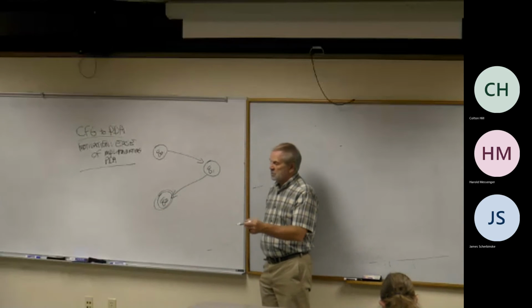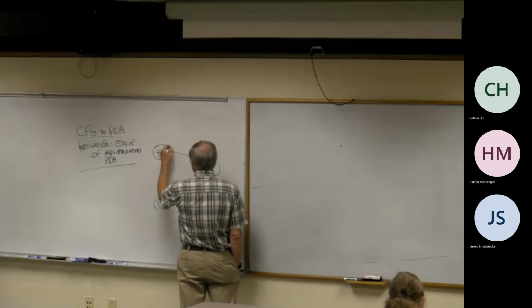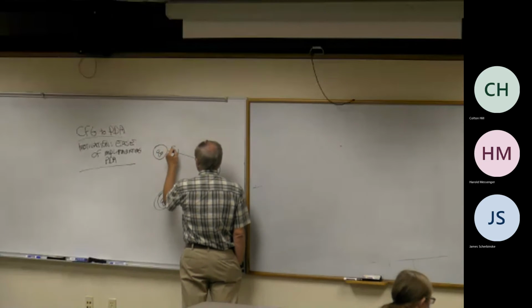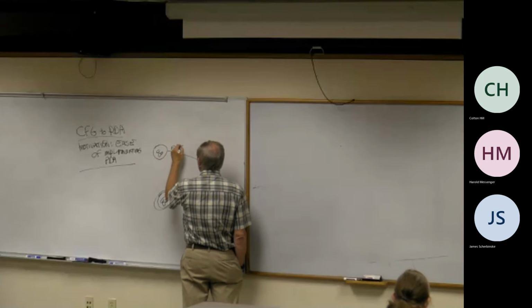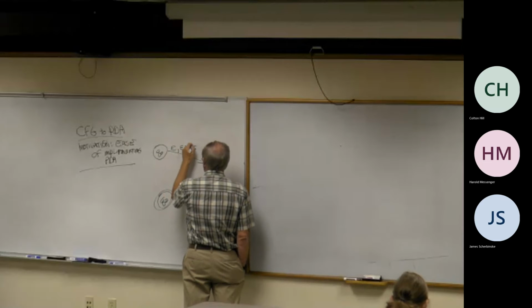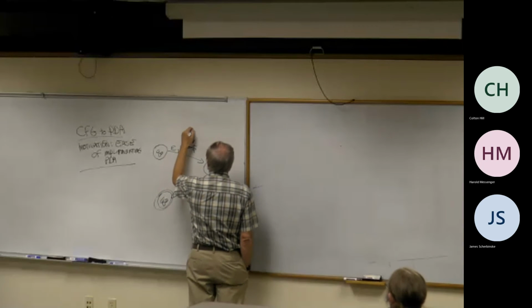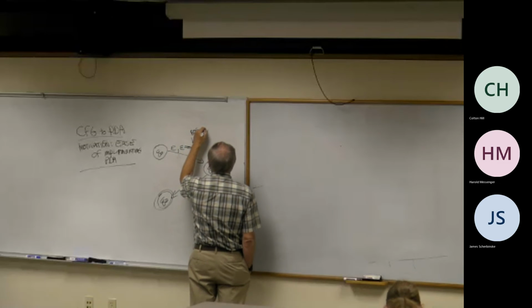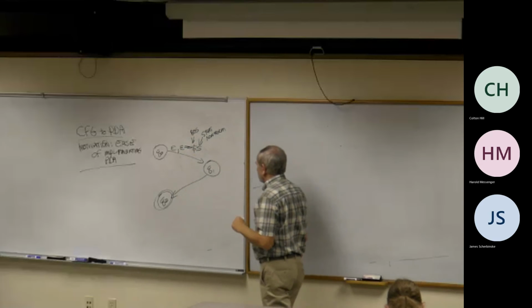We're pushing a $ onto the stack initially before we see anything. Empty string move, don't care what's on the stack, and put the $, that's the bottom of the stack marker, and we put the start non-terminal onto the stack.